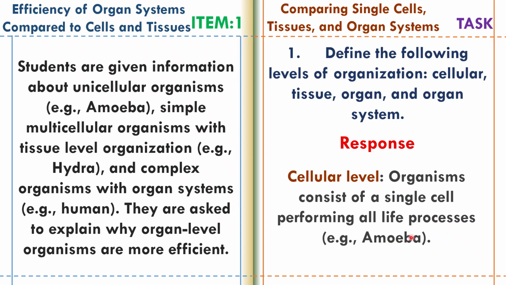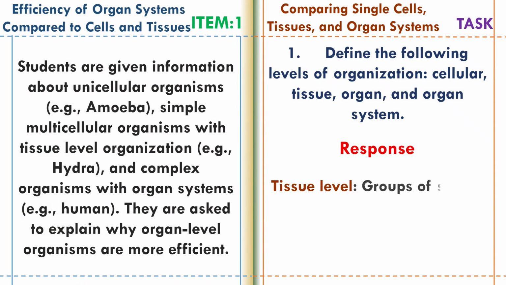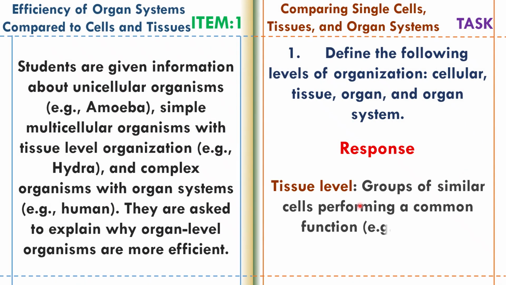Example, amoeba. Tissue level: groups of similar cells performing a common function. An example is hydra.